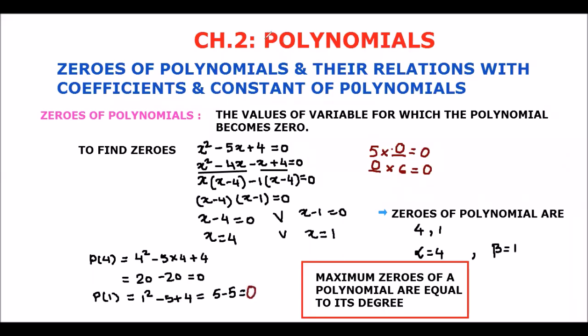So what you have seen, children, is that the degree of the polynomial is 2 and you are getting 2 zeros. So here you are deriving a very important result, that the maximum number of zeros of a polynomial is always equal to its degree. And then, children, the zeros of the polynomial are 4 and 1.